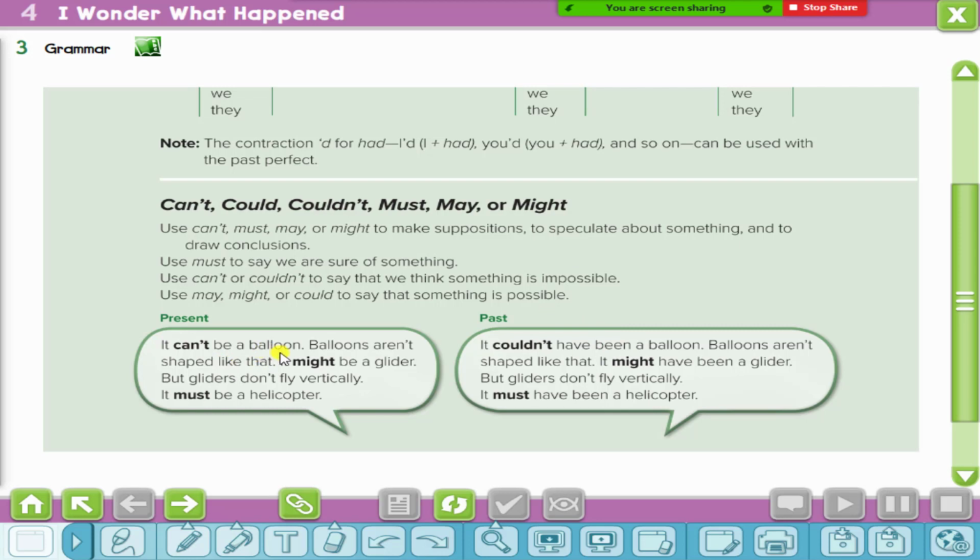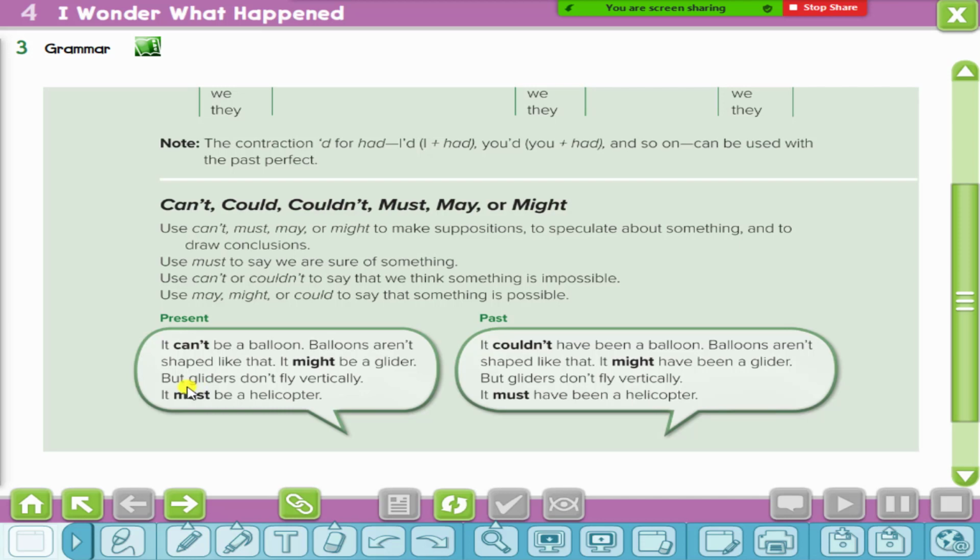It can't be a balloon, balloons aren't shaped like that. It might be a glider, but gliders don't fly vertically. It must be a helicopter. Okay, it must be a helicopter because the glider, you know, glider means a small and light plane.